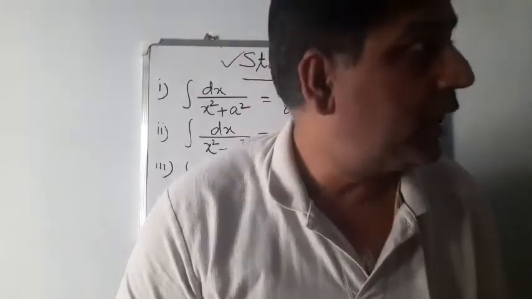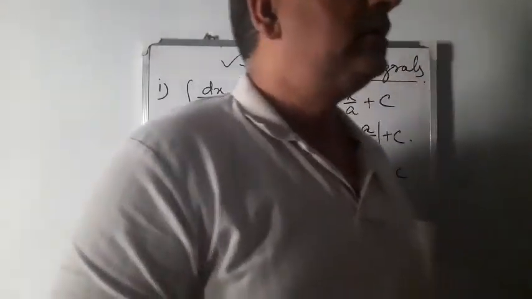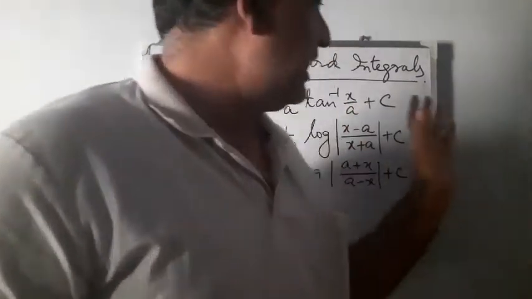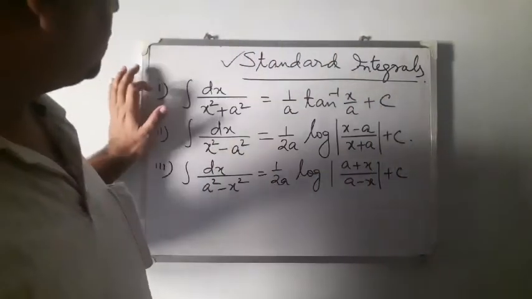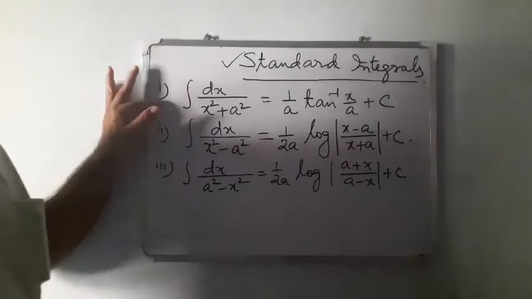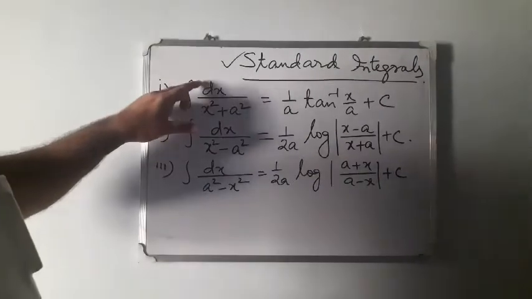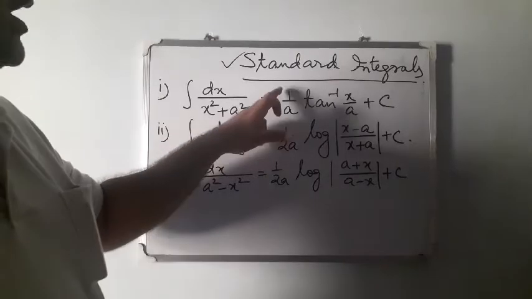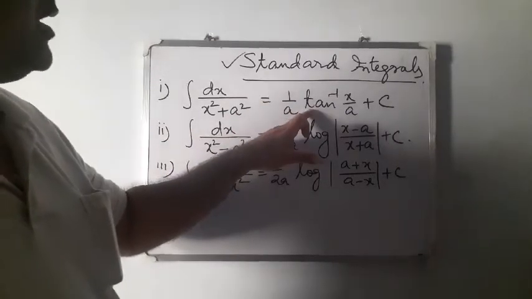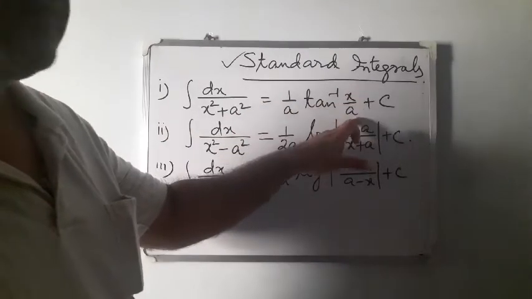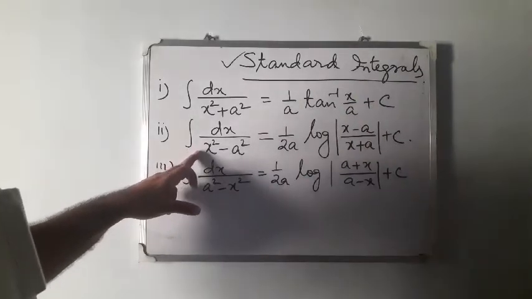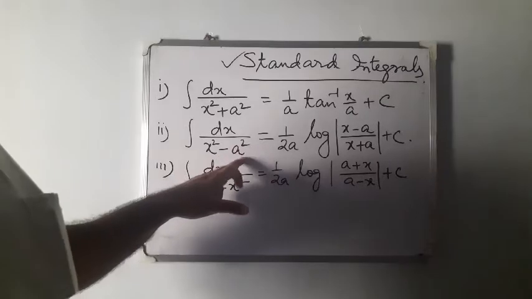So we have to start the formulae, and here we have written three formulae. The first one is integral dx by x square plus a square, that is 1 by a tan inverse x by a plus c. Then the second one is integral dx by x square minus a square.